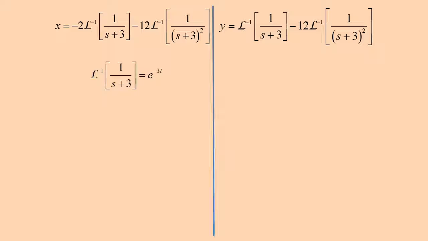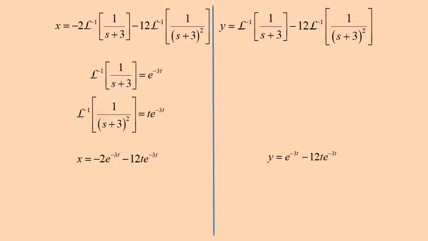The inverse Laplace of 1 over s plus 3 squared then would be t e to the negative 3t. So substituting those, we get this as our solution for x. Now we have the same functions over here on the right, and we've already looked those up, so there is our y. So that's the process of solving.